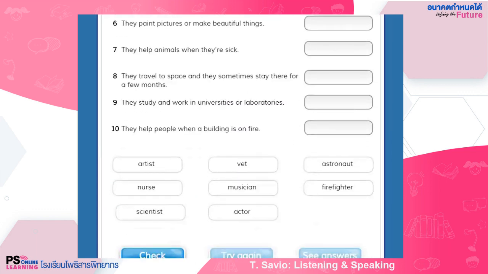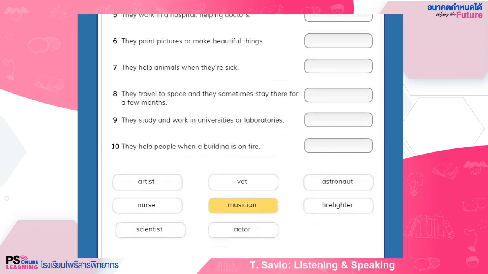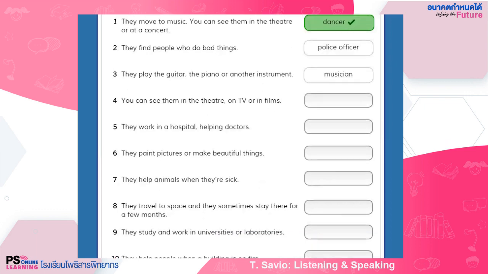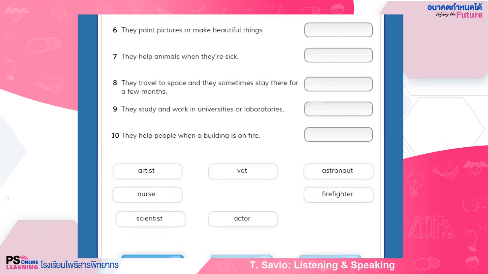So music oriented will be a musician. You can see them in the theatre, on TV, or in films. That would be actor.